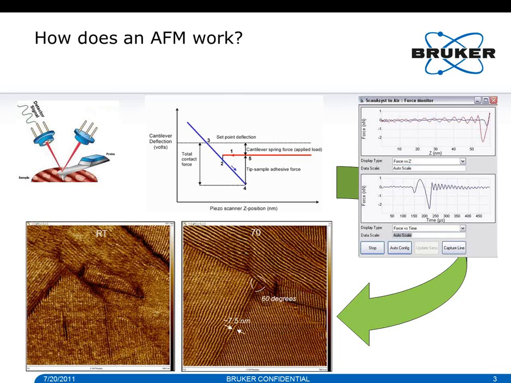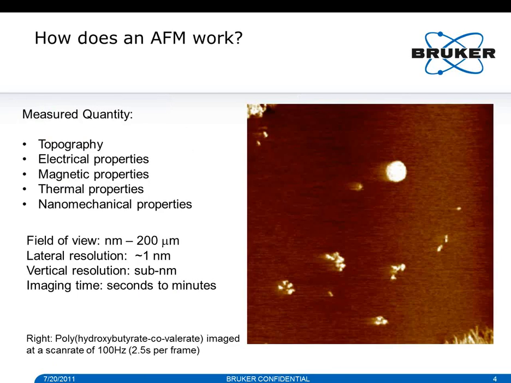So that's what AFMs can do. If we tailor the tip to a specific interaction, we can measure all kinds of quantities. So we can, of course, measure topography. We can measure electric, magnetic, thermal properties, and I already mentioned we can measure nanomechanical properties.